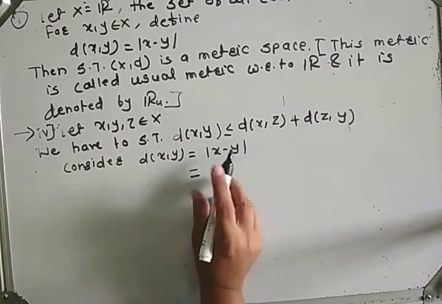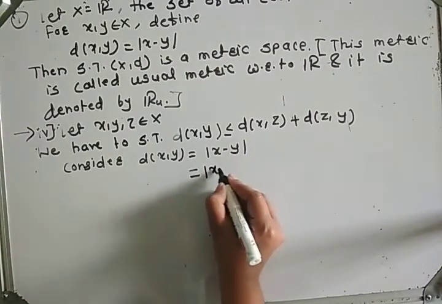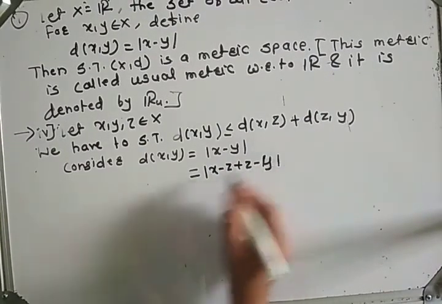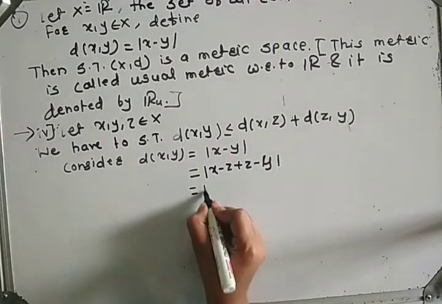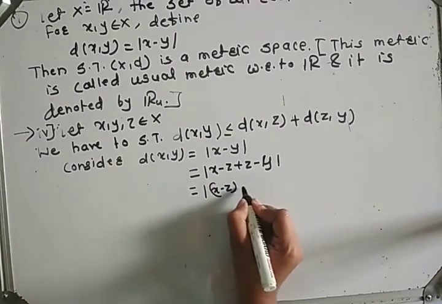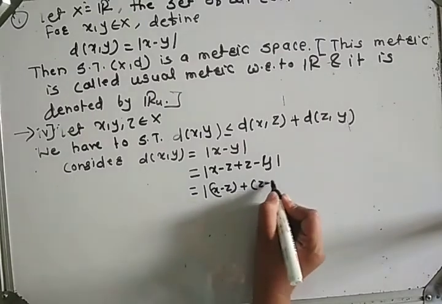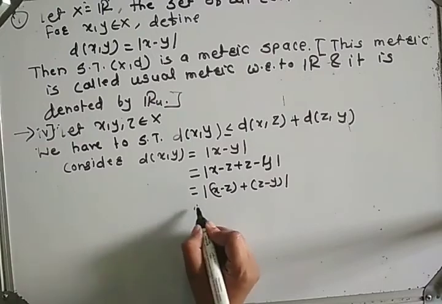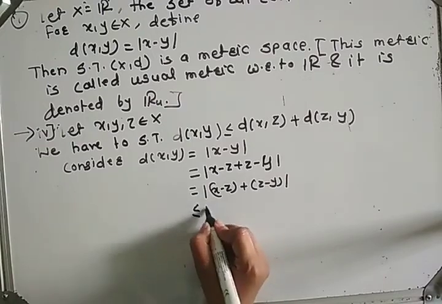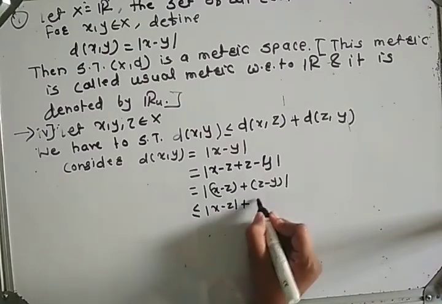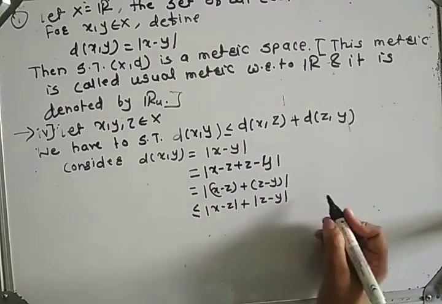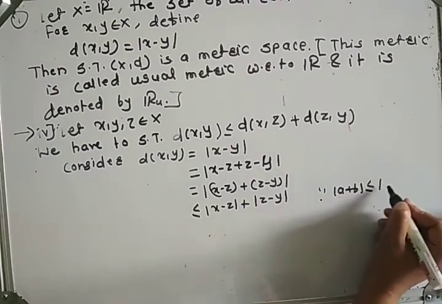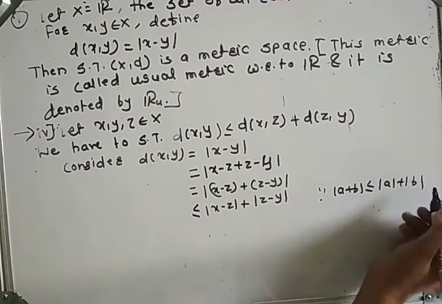Here we add and subtract point z. We get mod of x minus z plus z minus y, which is less than or equal to mod x minus z plus mod z minus y, since mod of a plus b is always less than or equal to mod a plus mod b.